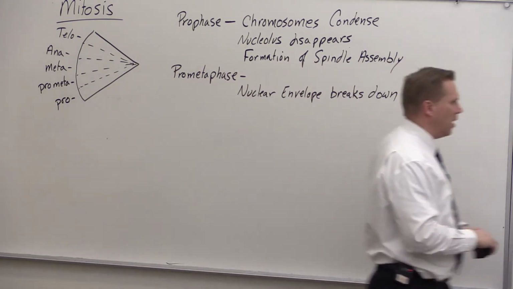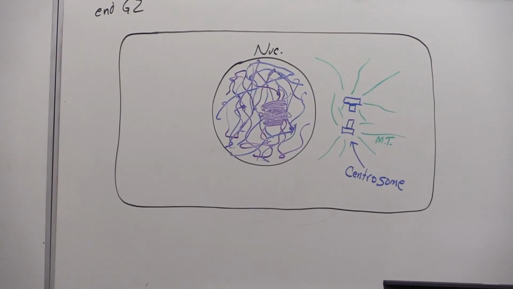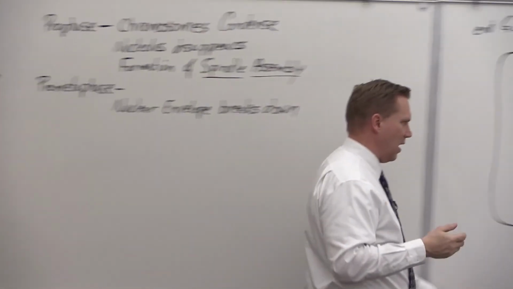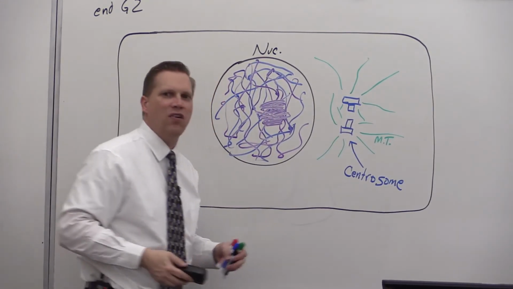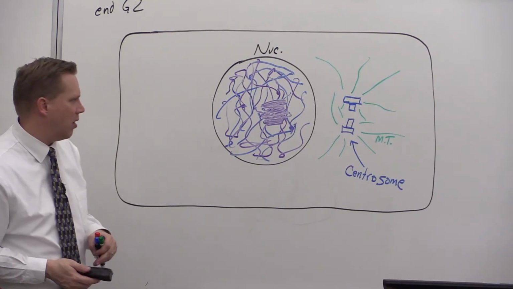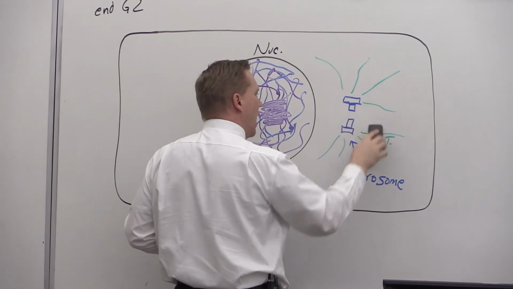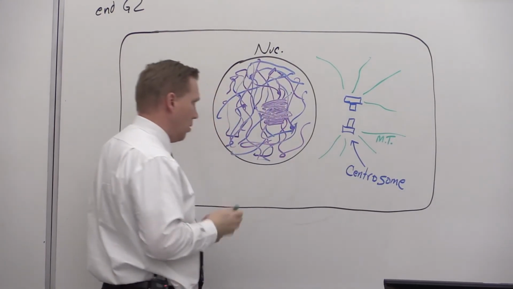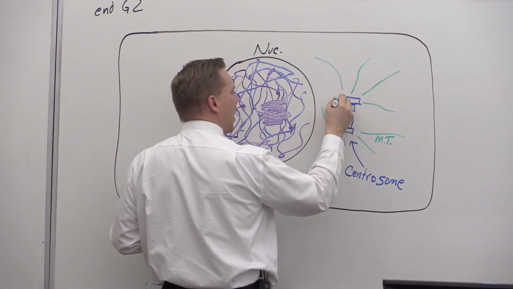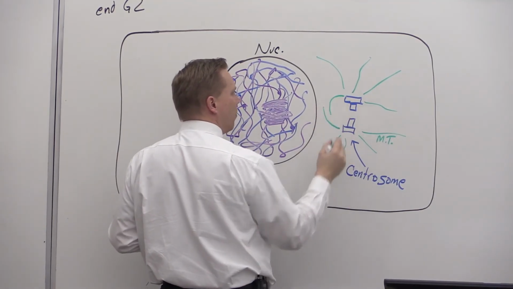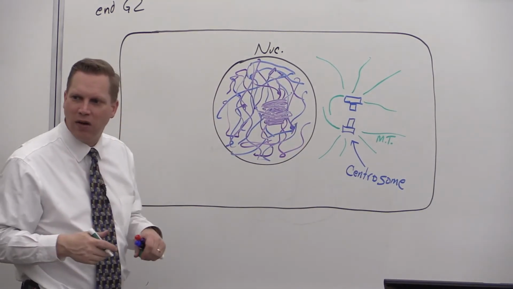Now, let me explain over here what we mean by this term spindle assembly, because this is a big deal. The spindle assembly has to do right here with our centrosomes and the microtubules that come out of them. And what happens is that we have microtubules that are going to grow out from this side, and microtubules that'll grow out from that side. The way this works, we talked about plus and minus ends on microtubules.